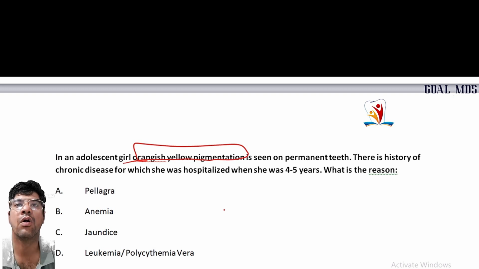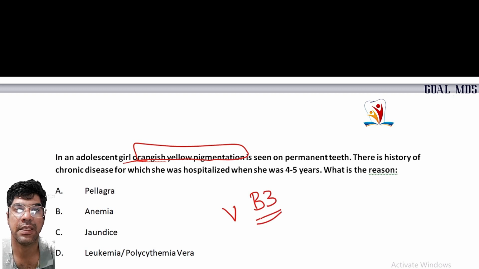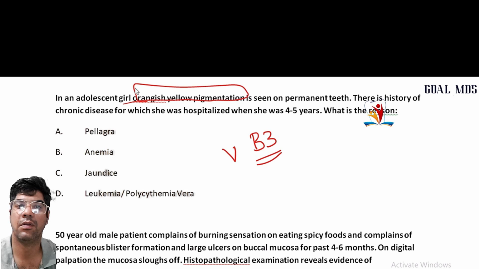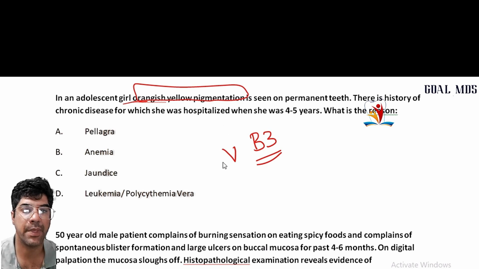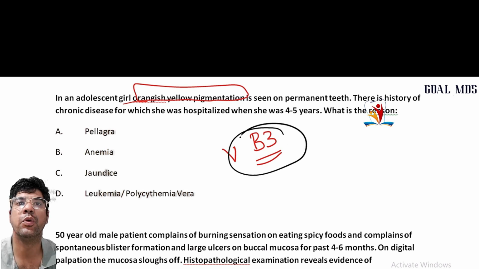It is caused due to deficiency of vitamin B3. So orange yellow pigmentation on the permanent teeth with history of chronic disease is mostly due to pellagra.